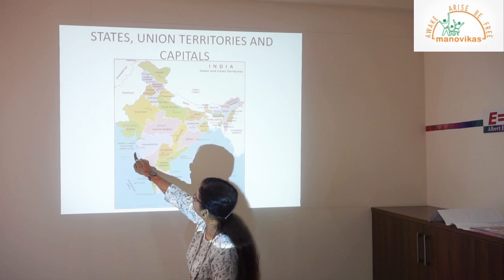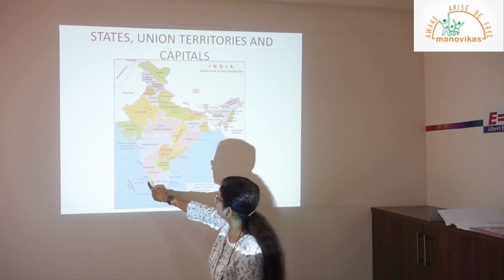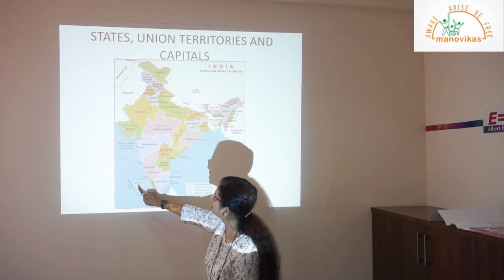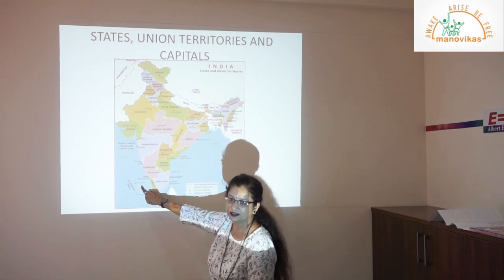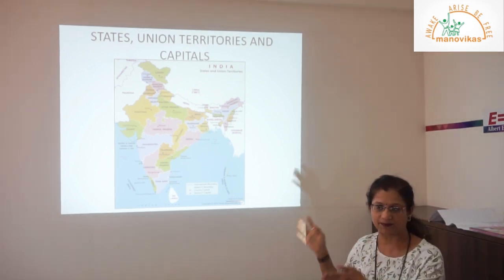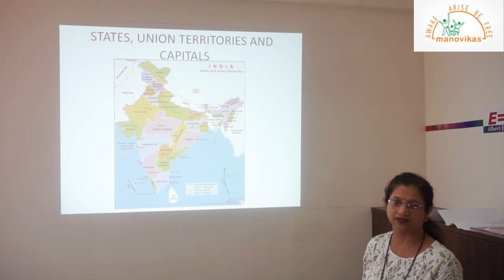Here Daman and Diu. The capital of Daman and Diu is Daman. Then we come to Puducherry and Lakshadweep. The capital of Lakshadweep is Kavaratti. So I have mentioned all these union territories with their capitals. I have given you all the states with their capitals.